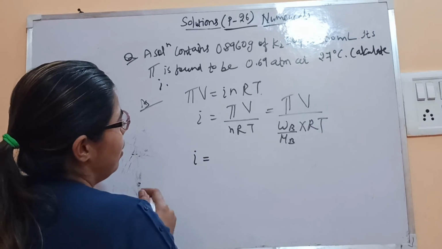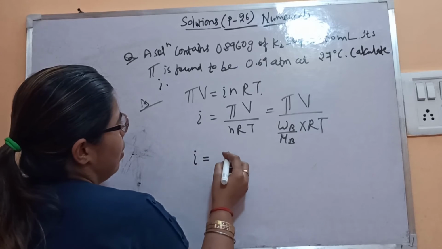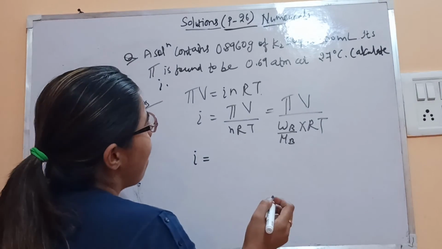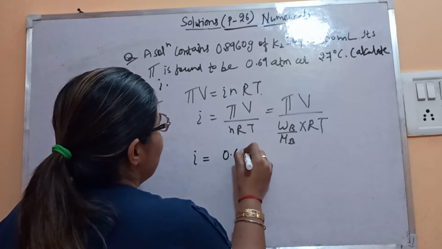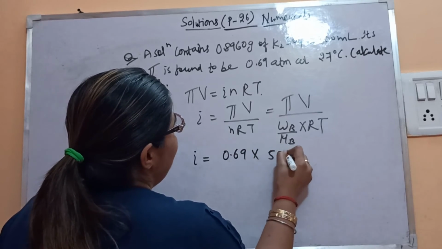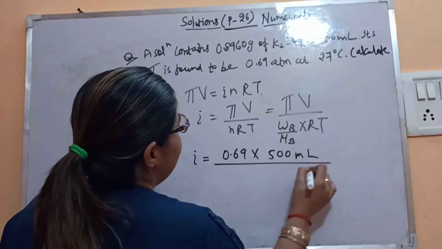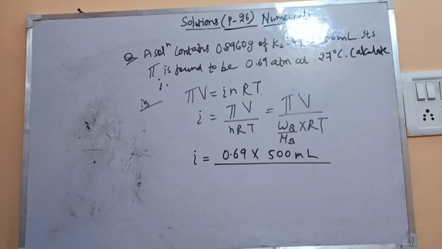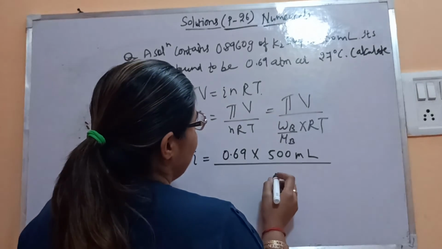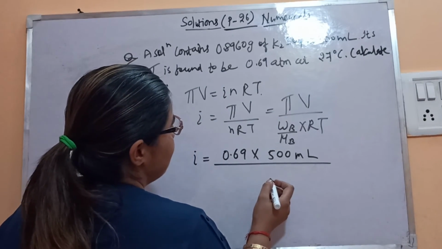i is equal to what? Pi is given 0.69 atmosphere, volume is 500 ml, convert into liters, so you will get 0.5 liter.